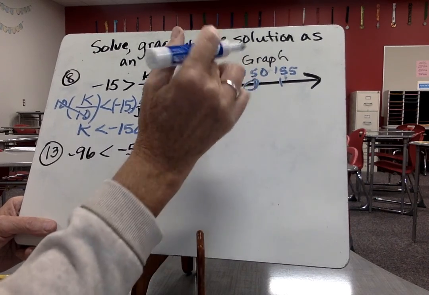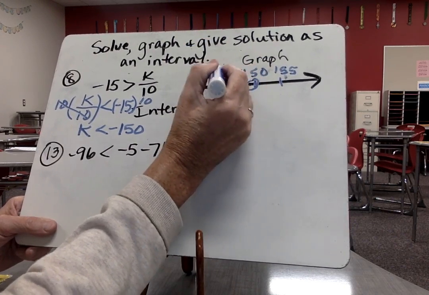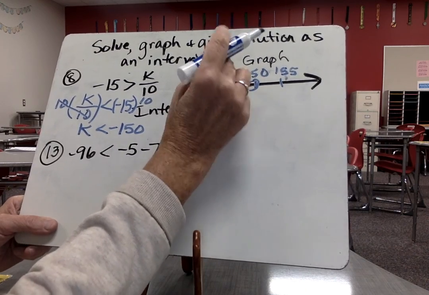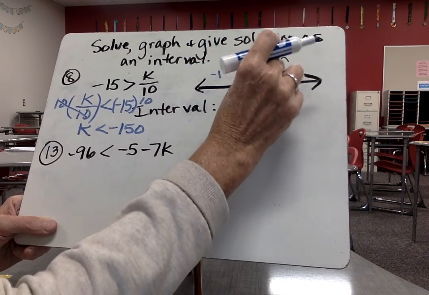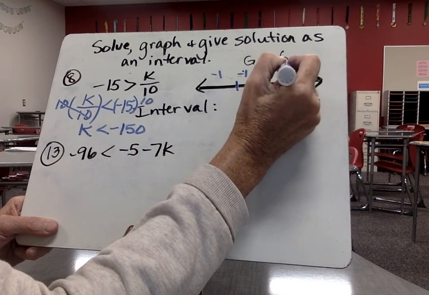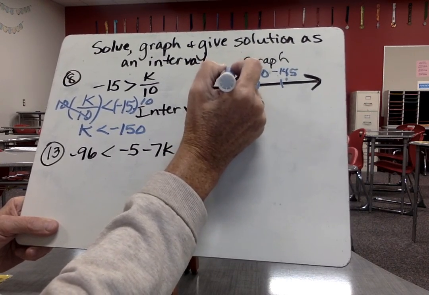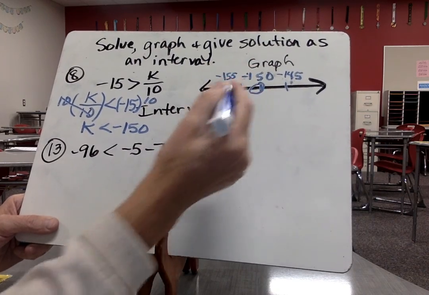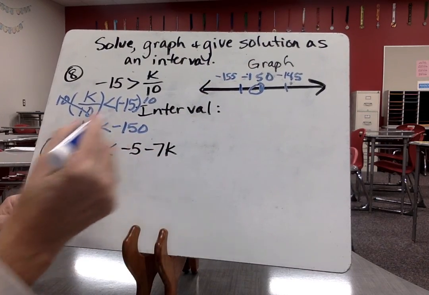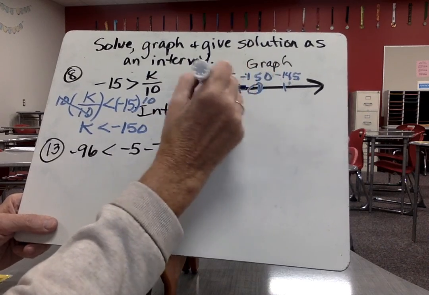And, whoops, it's -150. So this would be -145, -155, because the higher the number negative, the lower it is. And then I'm going to shade it to the left.